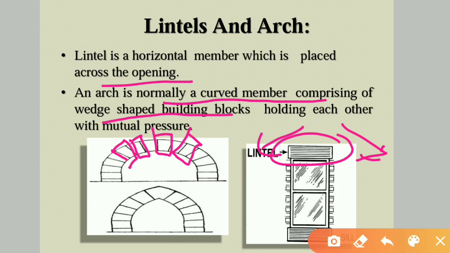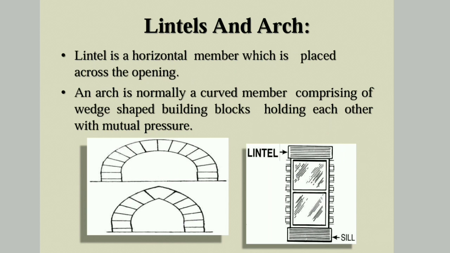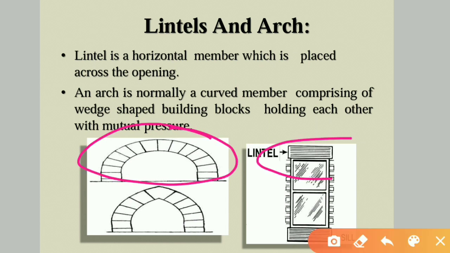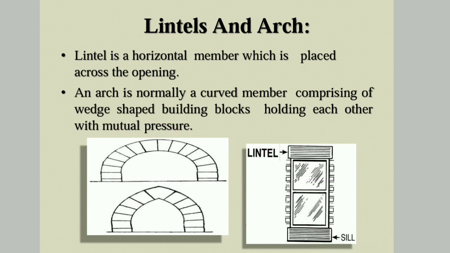In a circular or curved shape, if you are arranging those wedge blocks, then it is called an arch. The purpose of lintel and arch is the same, but for an arch, skilled labor is required, whereas for a lintel it is not required that much. Simply laying a concrete or wooden member is sufficient.